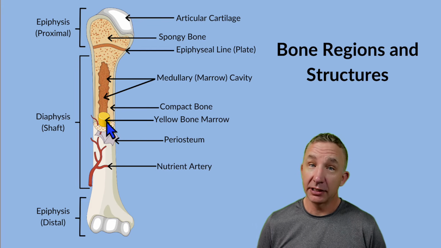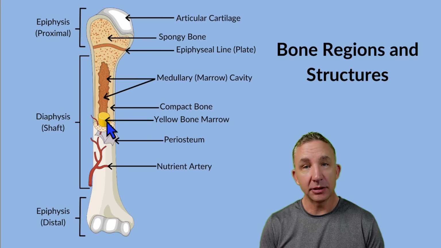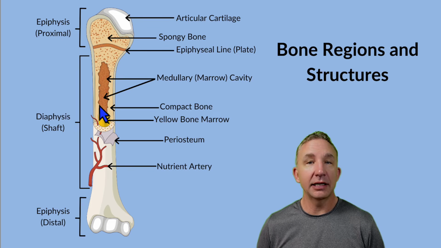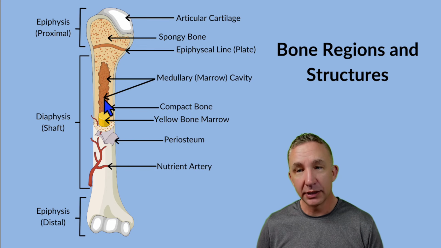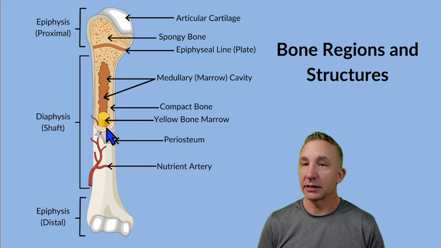It's yellow for a reason, because it's made up of adipose tissue or lipids, so it's energy supply as we need it. Within the shaft, I see fat, adipose tissue. Within the epiphysis, I see blood. So I use this as a way not only to support the bone, but also support the body if it's needed.